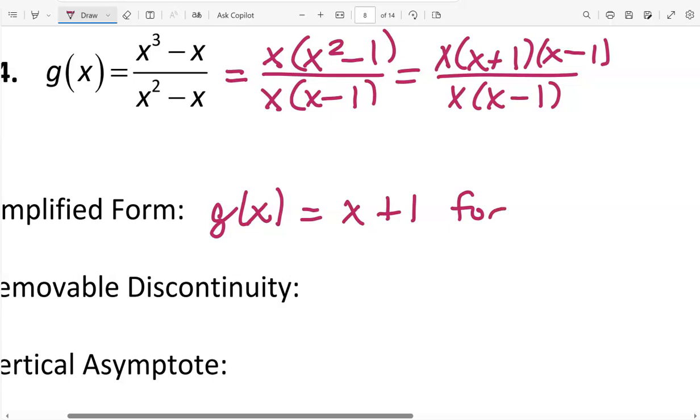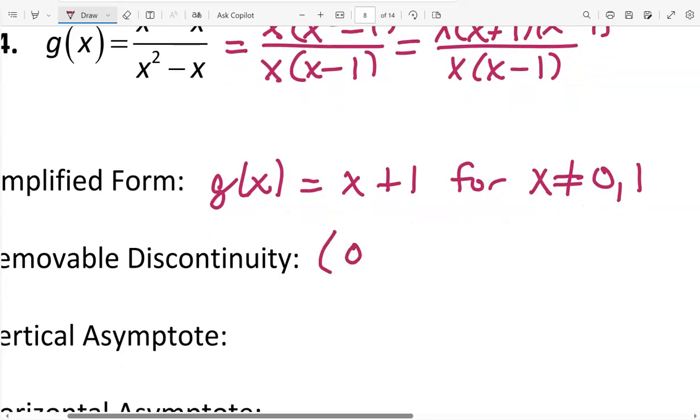But we need to acknowledge that we lost the factors of x and x minus 1. So x cannot equal 0, nor can x equal 1, which means we have removable discontinuities. So we need to acknowledge those. Each removable discontinuity is at x equals 0 and at x equals 1.